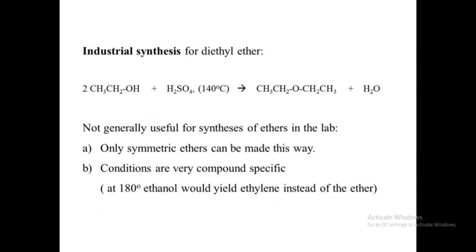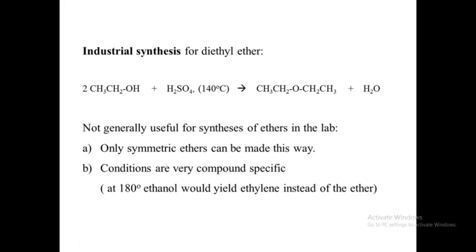And then let us consider industrial synthesis for diethyl ether or simply ether. At first, when ethanol is heated with H2SO4, that means sulfuric acid, at 413 Kelvin or 140 degrees Celsius, then the product is diethyl ether and water, and this reaction is known as dehydration of alcohol.